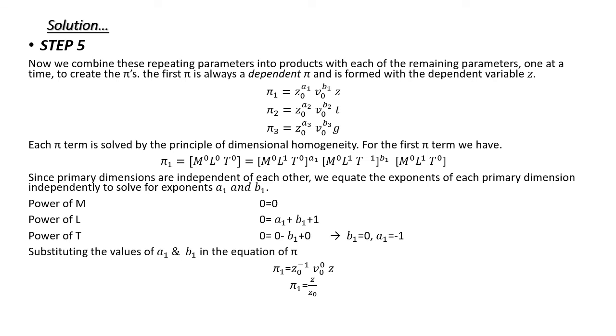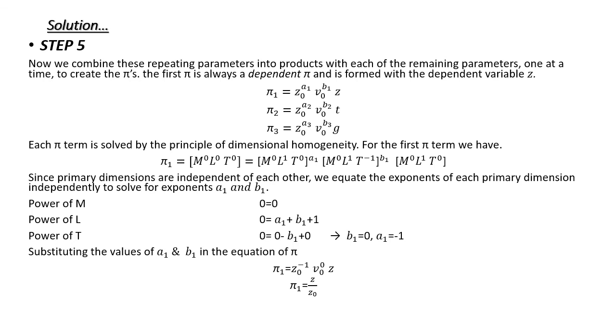There were totally 5 variables, and I have chosen 2 as repeating variables, which repeat in each and every equation. So the total number of variables remaining is 3. So pi 1 is equal to z0 to the power a1, v0 to the power b1, and out of the remaining 3 I am writing one term here, z. This is my pi 1, one dimensionless term.